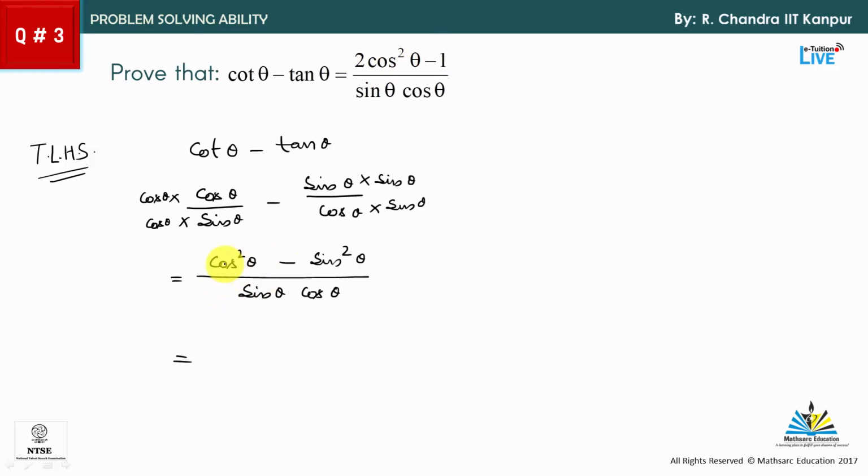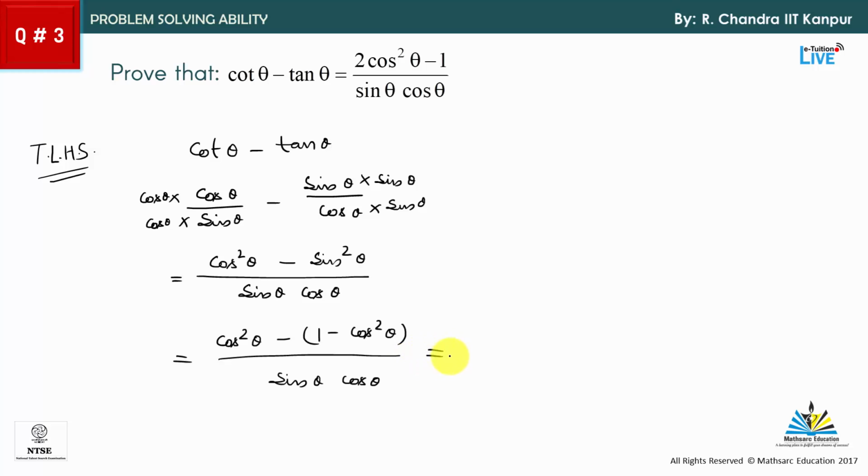So we will not change cos square theta, we will change sin square theta in terms of cos square theta, and we have an identity for the same. Cos square theta minus sin square theta can be written as cos square theta minus (1 minus cos square theta) upon sin theta into cos theta.